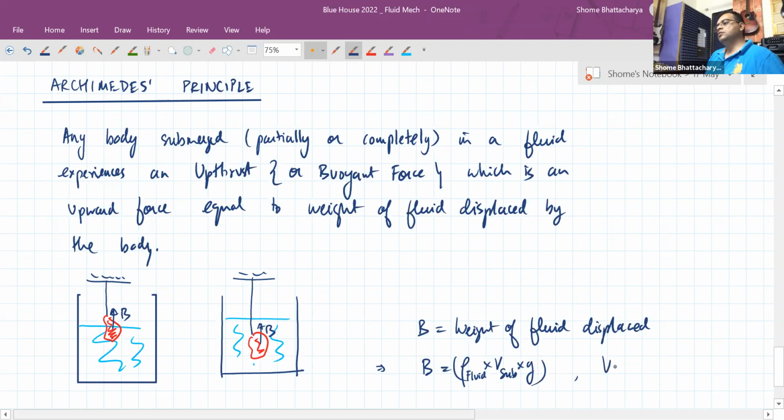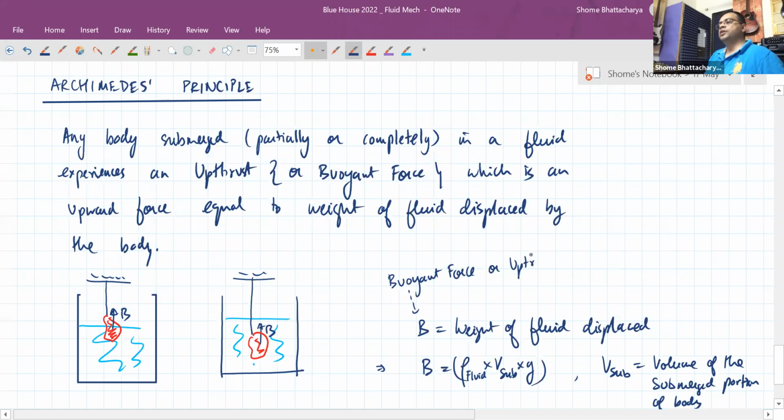So here, this term V sub is equal to the volume of the submerged portion of the body. And of course, B over here is the buoyant force, or alternatively, we can call it the upthrust also.